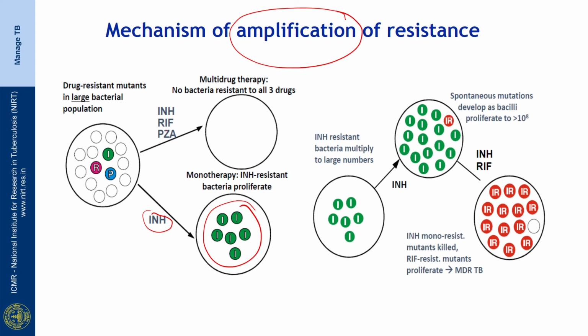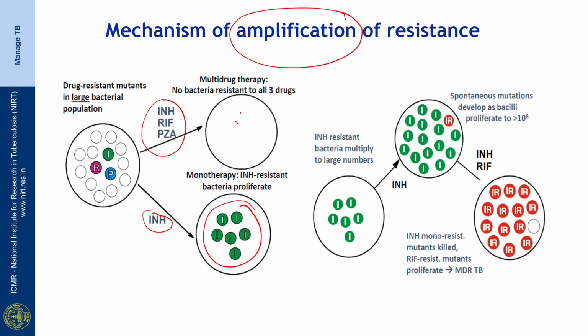Whereas, when you treat them with 3 drugs, namely INH, rifampicin and pyrazinamide, all 3 are affected, and ultimately with multi-drug therapy, no bacterial resistance is seen to all 3 drugs after the end of treatment.